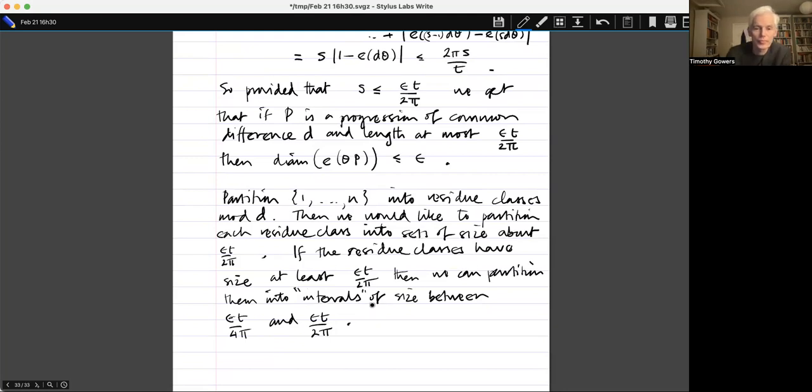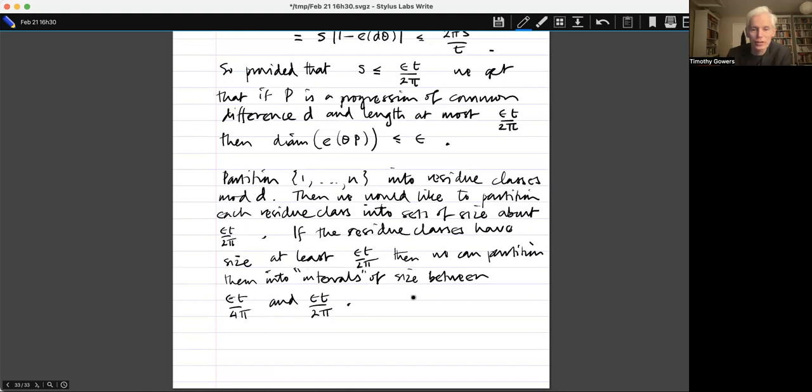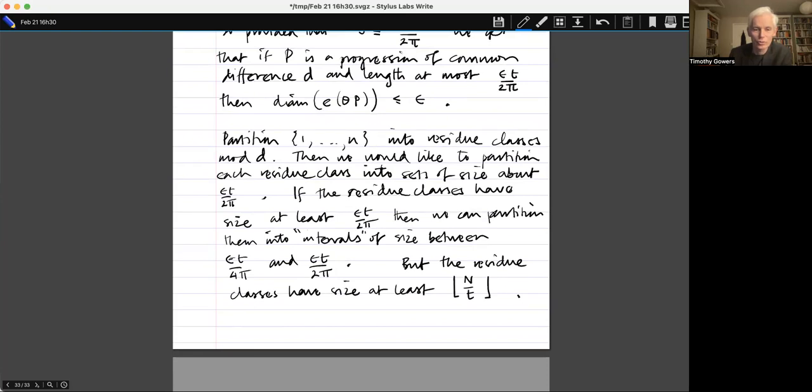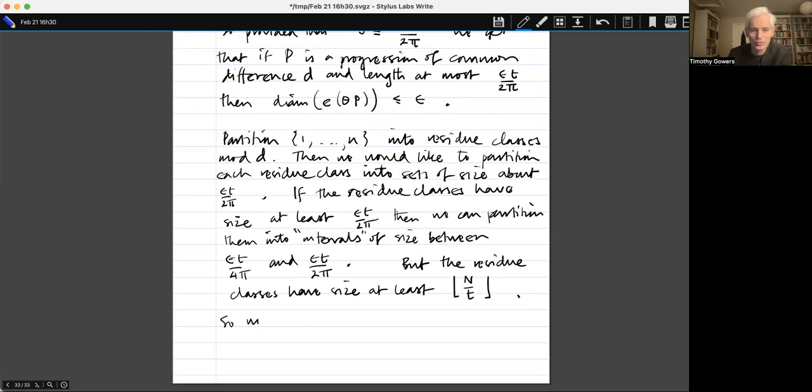So that we'll be quite happy about, but the residue classes have size at least something like the floor of n over t. So let's just ignore that floor. Basically, for this whole thing to work, we need n over t to be greater than or equal to epsilon t over 2 pi.